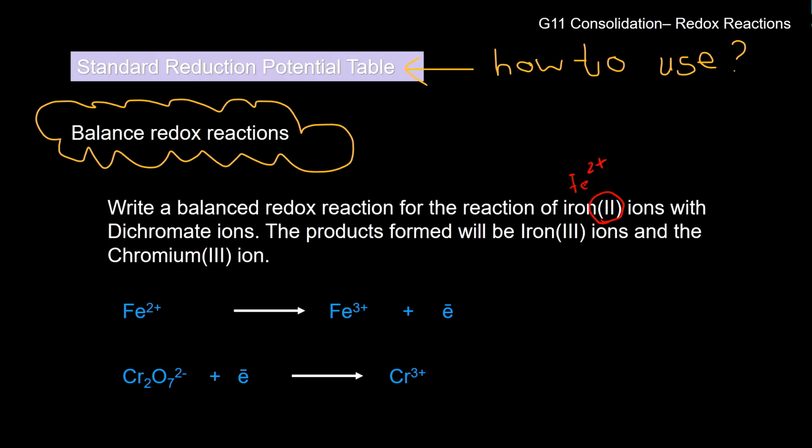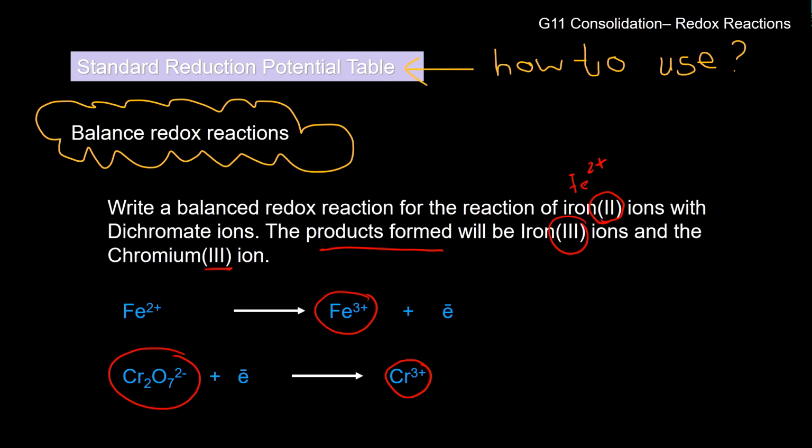And dichromate ion, so here's the dichromate ion, Cr2O7 2 minus. Now, it tells us the products. The products that are formed are the iron 3 plus ion, so there we go, I've placed it there, and the chromium 3 plus ion over there, and so that's what it looks like.